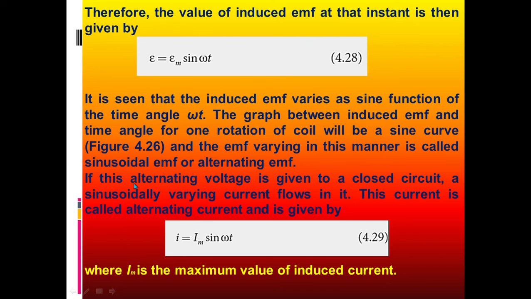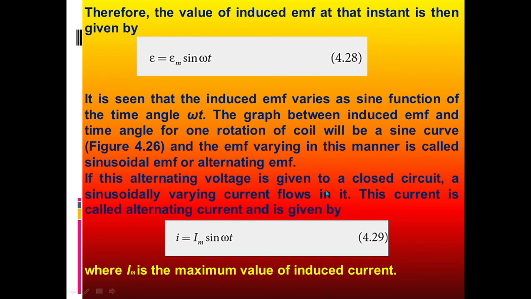If this alternating voltage is given to a closed circuit, a sinusoidally varying current flows in it. This current is called alternating current and is given by I = I_m sin ωt, where I_m is the maximum value of induced current.